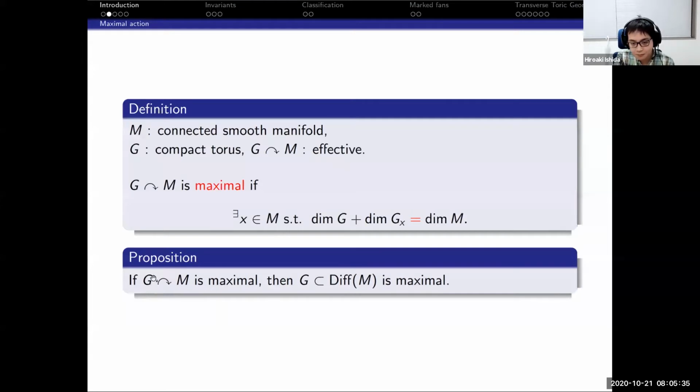If the action is maximal in this sense, then the torus G can be regarded as a maximal subtorus in the group of diffeomorphisms. So this is a maximal torus action.